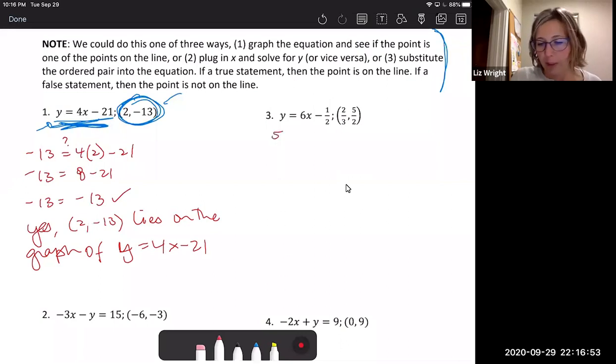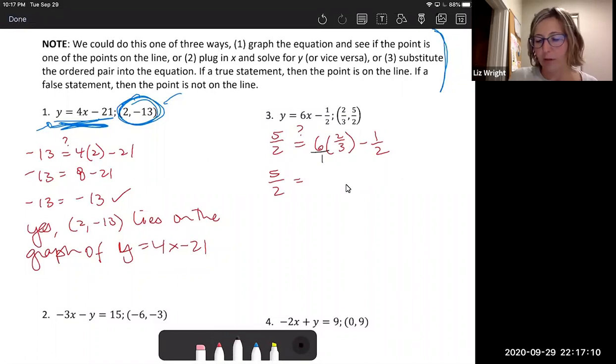So here we're going to do 5 halves. This is a question mark. We're checking to see if this does equal 6 times 2/3 minus 1/2. So I've got 5 halves, which is 2.5, right? And then here I'm taking 6/1 times 2/3, and let's simplify this.